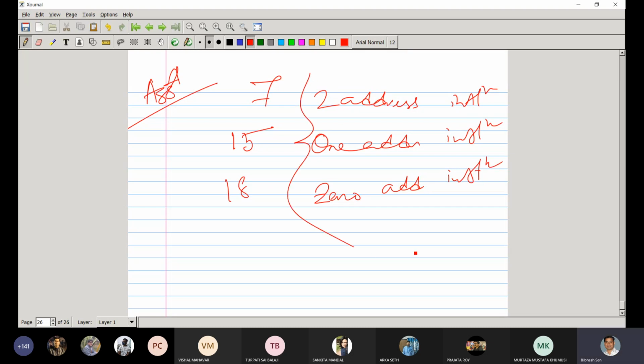Is it clear? Yes, sir. Sir, 15 is which, one-address or zero-address? 15 is one-address instruction, and 18 is zero-address instruction. Is it clear now? Yes, sir. Whether it is possible or not.